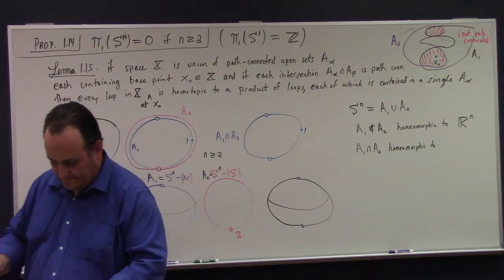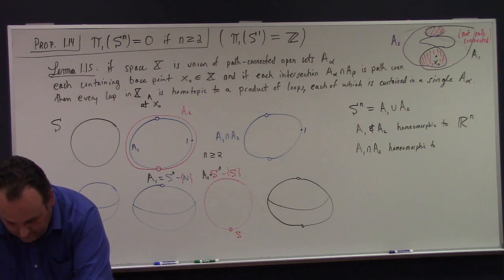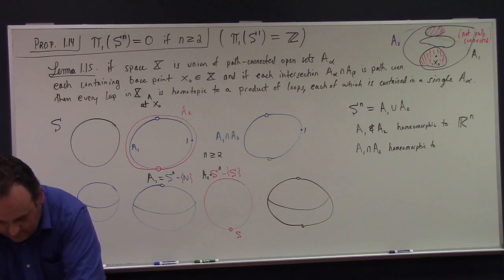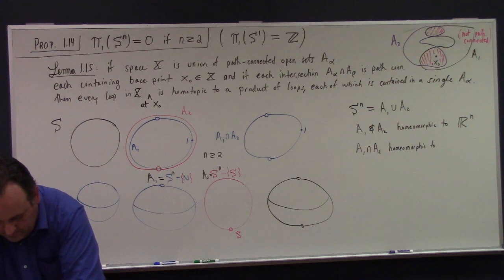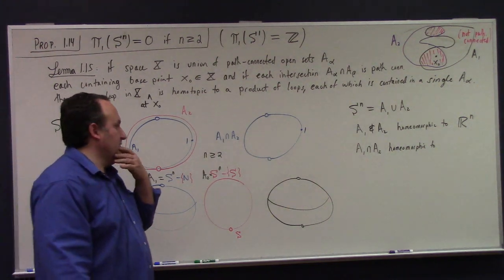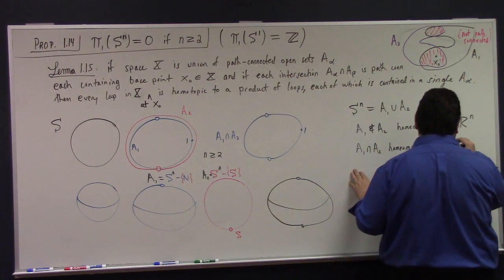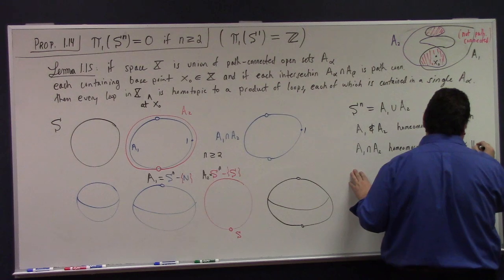He says the intersection is homeomorphic to Sn minus 1 Cartesian product with the reals.